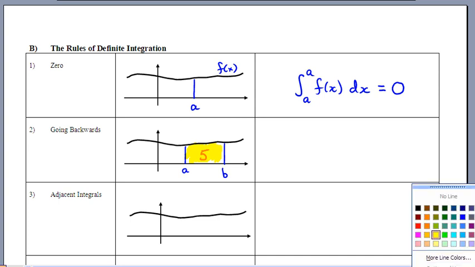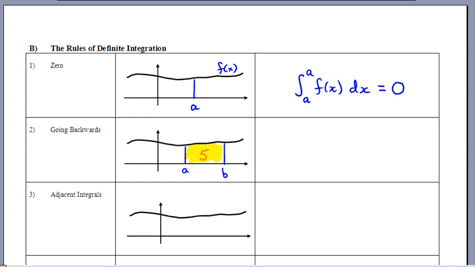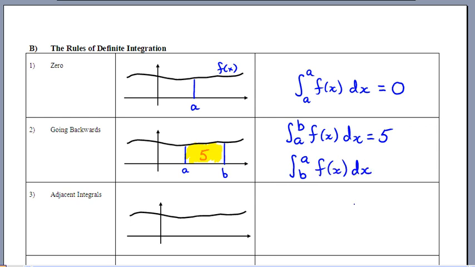If somebody was to ask you, well, what about this integral, right? So actually, let me put 2 on the page here. If somebody says, oh, I integrated from A to B, I found the area under that curve with this definite integral, and it was 5. Well, if you integrate from B to A, if you walk backwards, then the plan is every one of those little Riemann ribbons has a negative width to it.